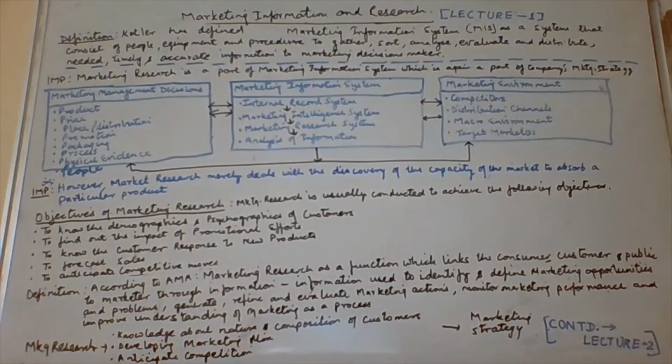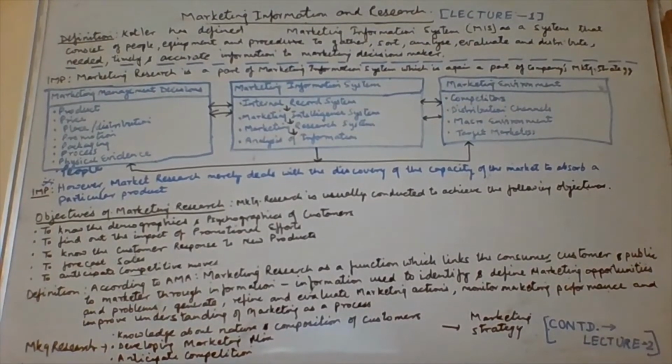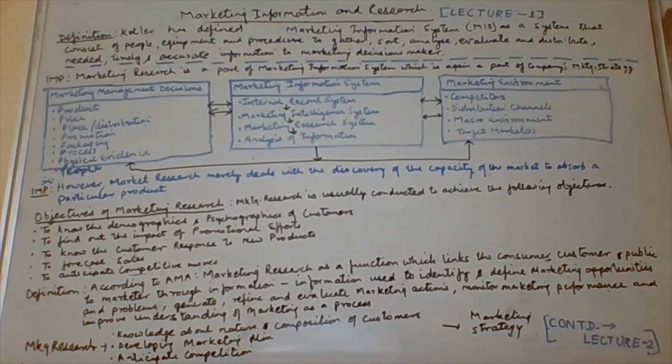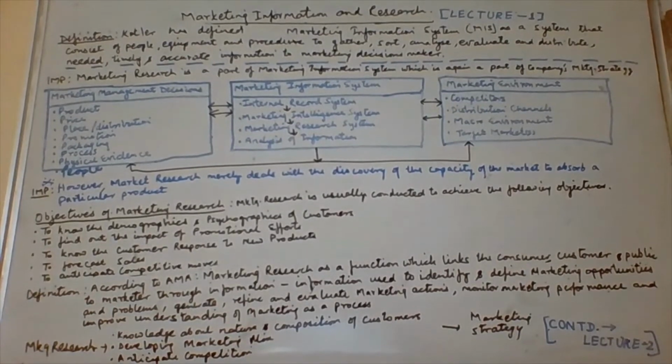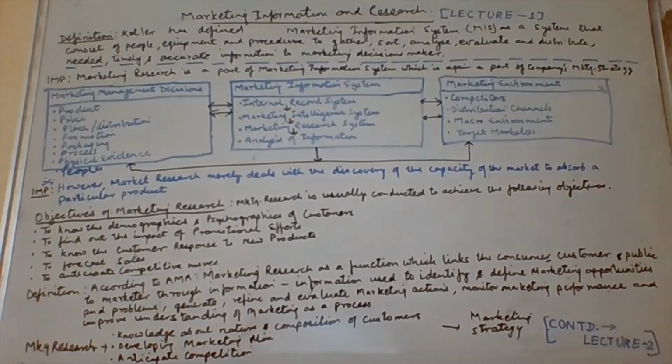And psychographics is their lifestyles, their thinking patterns, their perception, and their attitude towards the product. These are very important to study, so as to visualize and analyze how to make a strategy.